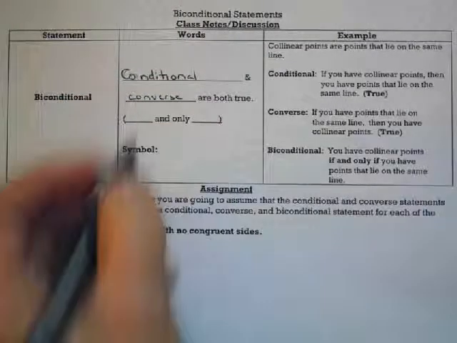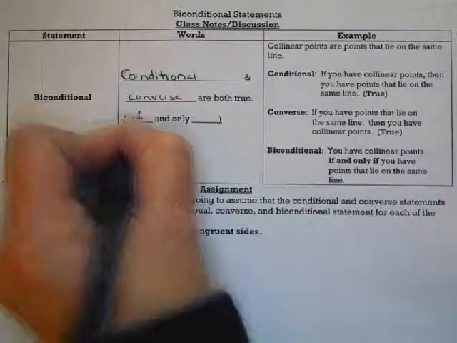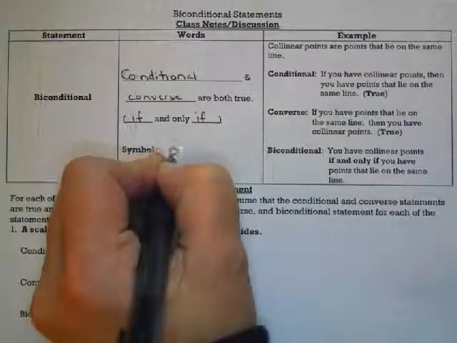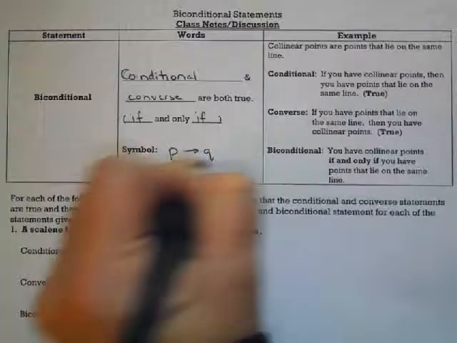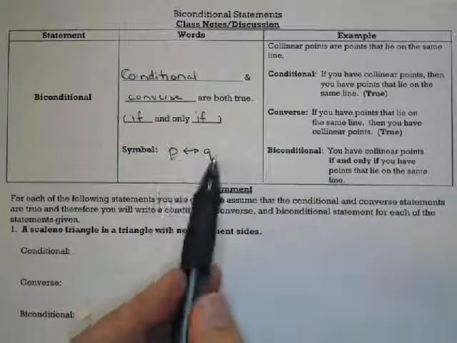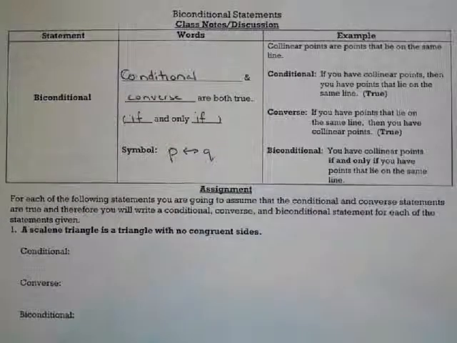The way we say that is "if and only if." So it means we can do P then Q, but it also works in reverse. So we use a double arrow. If P then Q and if Q then P. It works the same way.